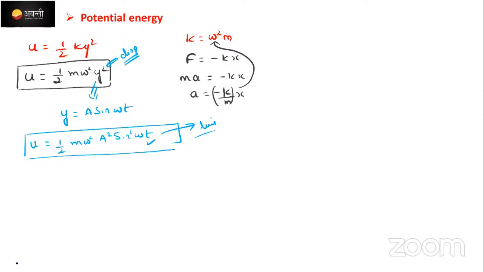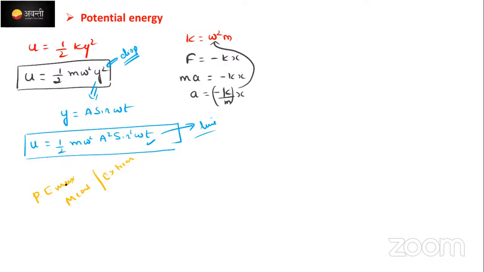Okay guys, look here, one more equation where the potential energy is maximum. At which point is the potential energy maximum, either at the mean position or the extreme position?